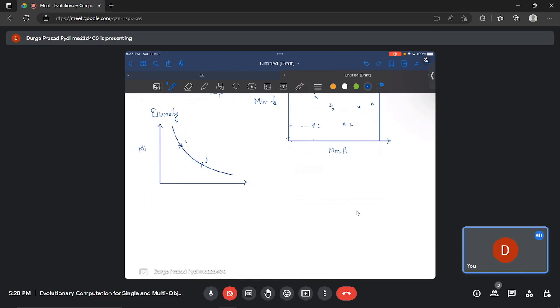The first point is f1i comma f2i, and the second point is f1j comma f2j. Then we measure the distance using the Euclidean distance: f1i minus f1j whole square plus f2i minus f2j whole square. This could be one way of measuring it.